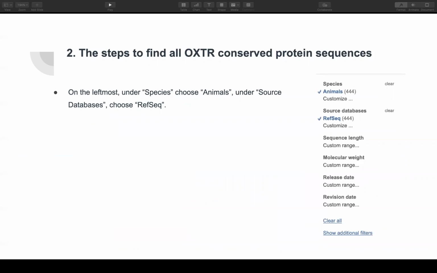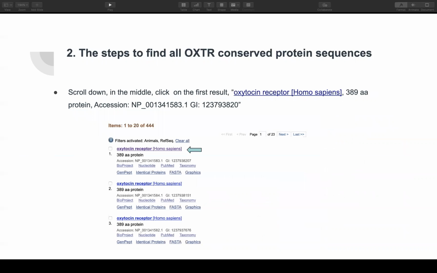And when you hit search, you want to narrow the result of your search by the species on the left. We choose animal and the source database with RefSeq. And we hit on the first result, the oxytocin receptor of Homo sapiens.